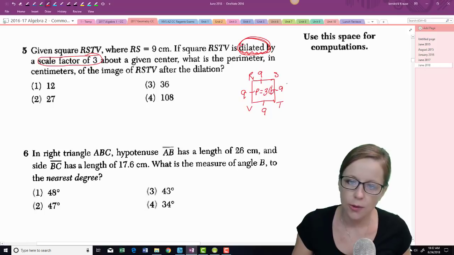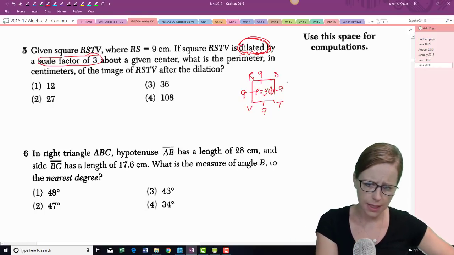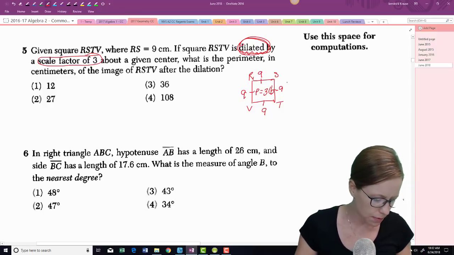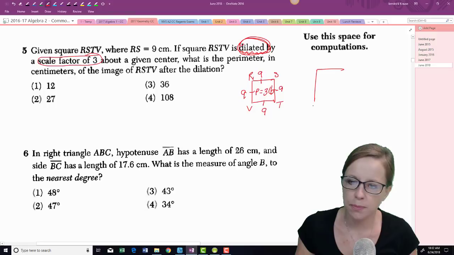So if we dilate this, each of the sides is going to be multiplied by 3. So my big picture, 9 times 3 is what, 27?